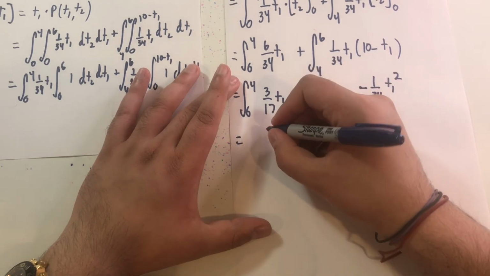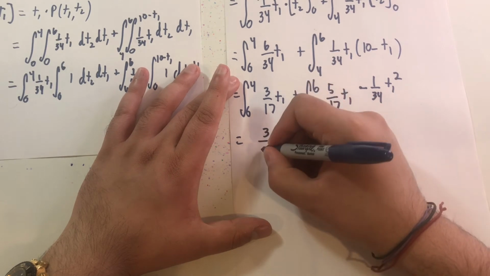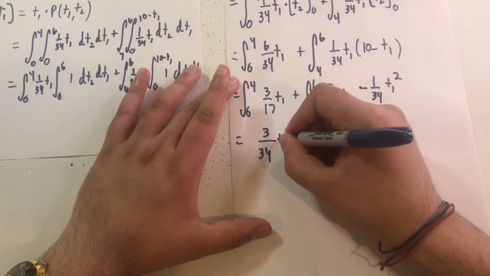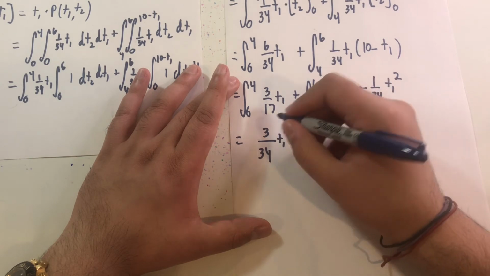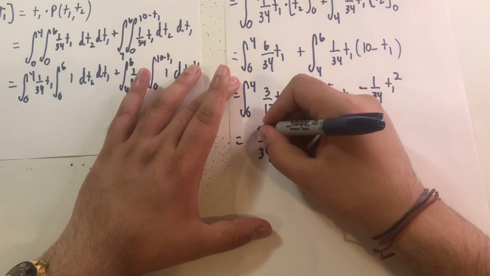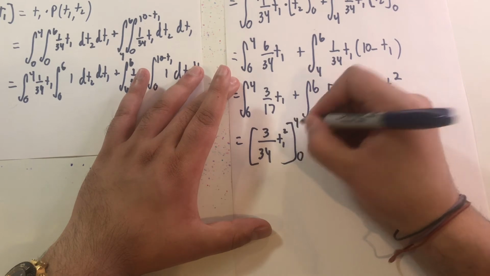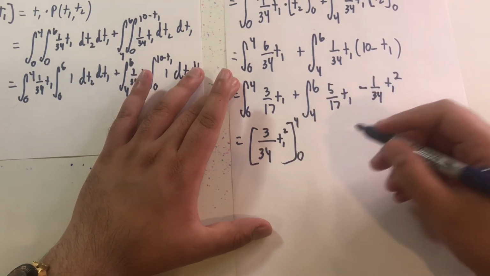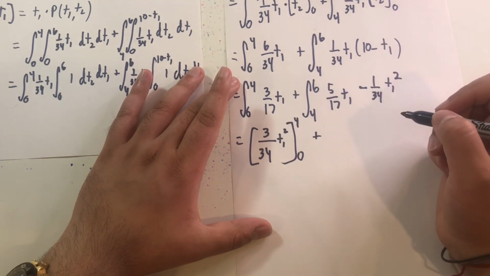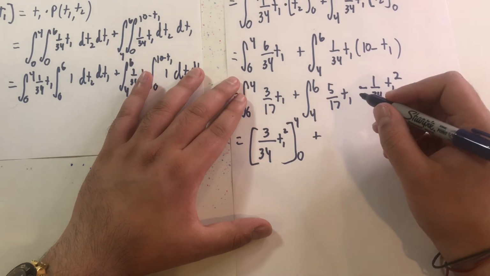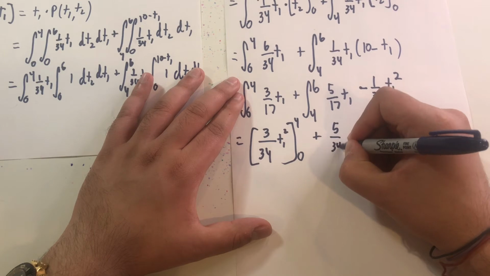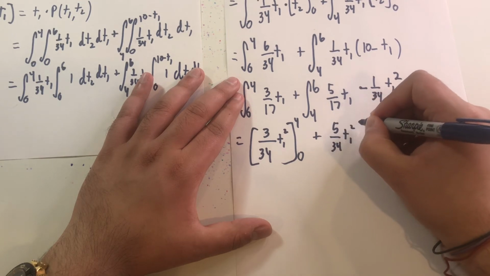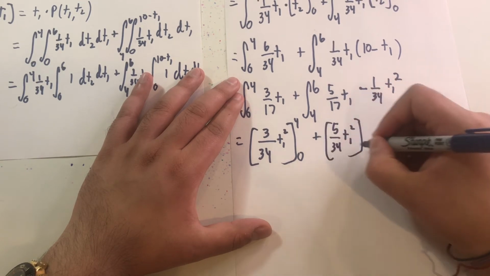Okay, so this is going to become 3 over 34 t1 squared, and we're evaluating that from 0 to 4. Plus, this will be 5 over 34 t1 squared, 4 to 6.